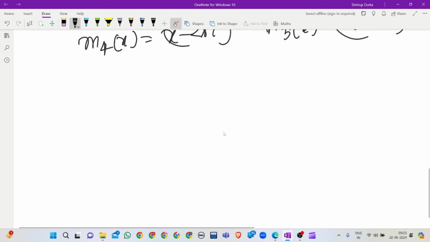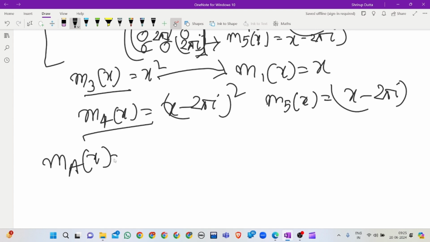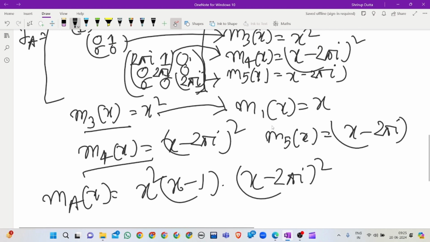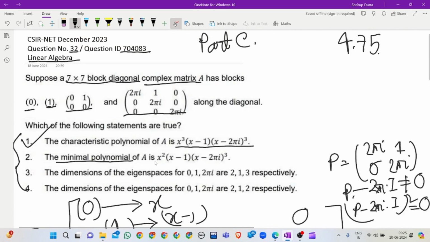So for the minimal polynomial we will take only m3x and m4x. So the minimal polynomial of A is x square into x minus 1 into x minus 2 pi I square, and the other things will be annihilated. But x minus 2 pi I cube is given, so option 2 is incorrect.